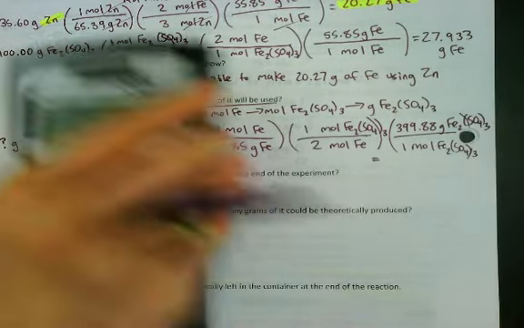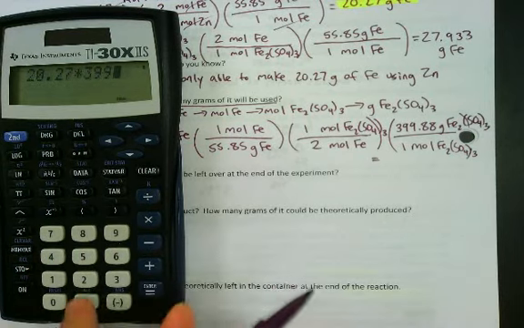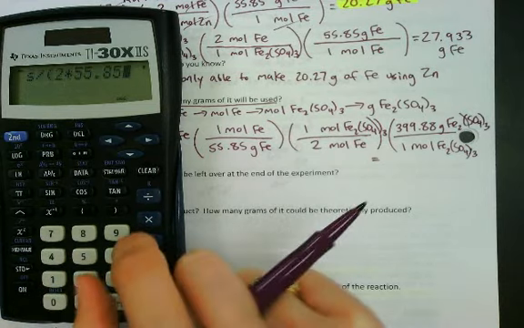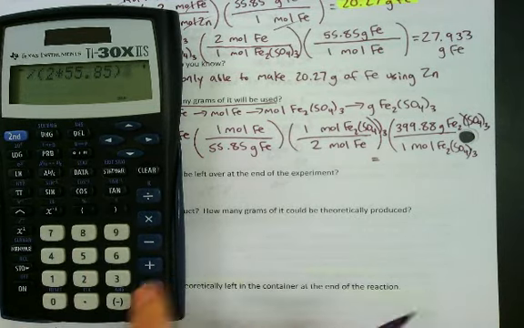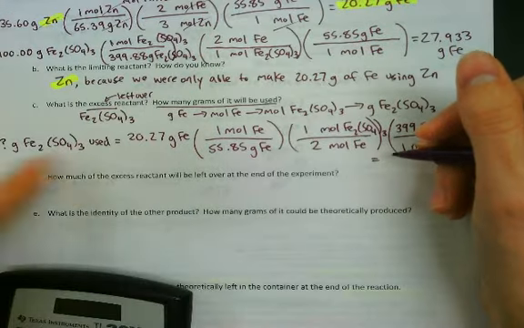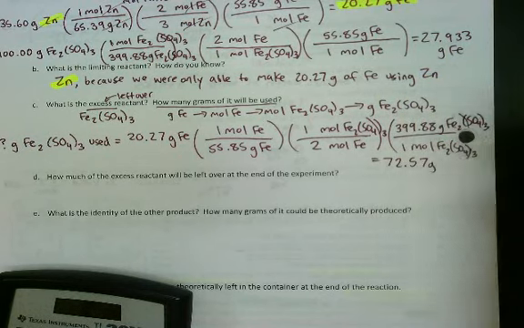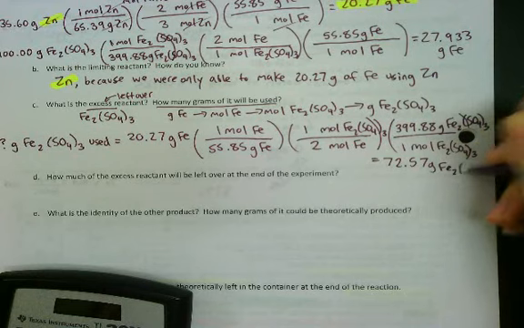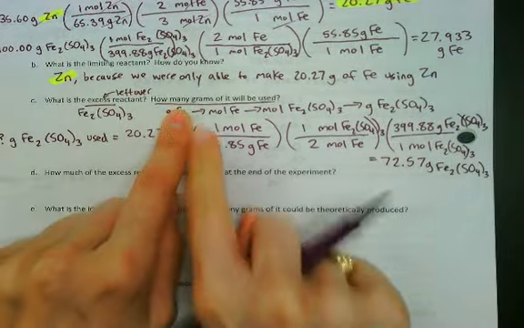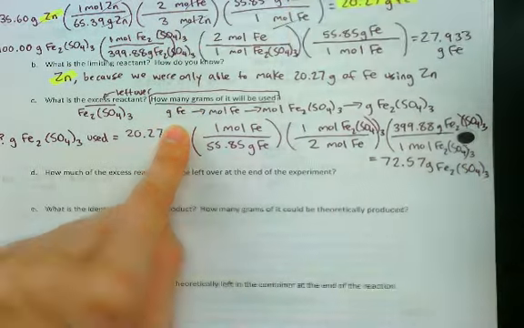And if you put that into your calculator here, you get 20.27 times 399.88, divide that by 2 times 55.85, you should get 72.57 for sig figs, 72.57 grams of this compound here. Okay? So this is how many grams will be used.